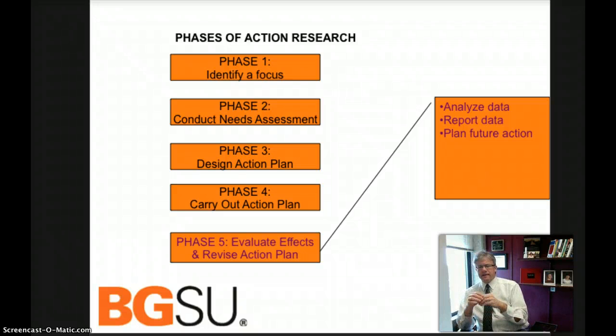So this is part of the systematizing of this process. We get results along the way, we get results at the end, we're going to analyze, we're going to see what's happening.